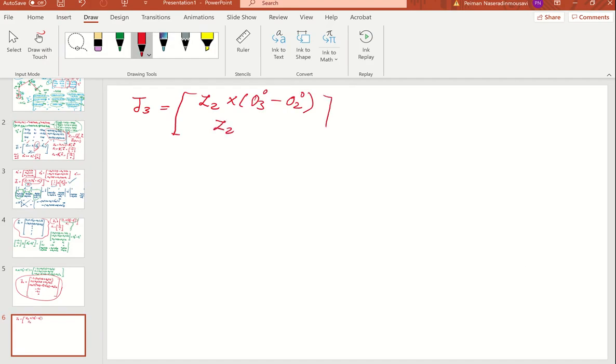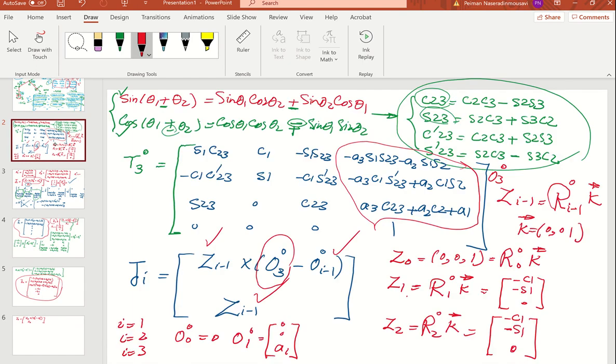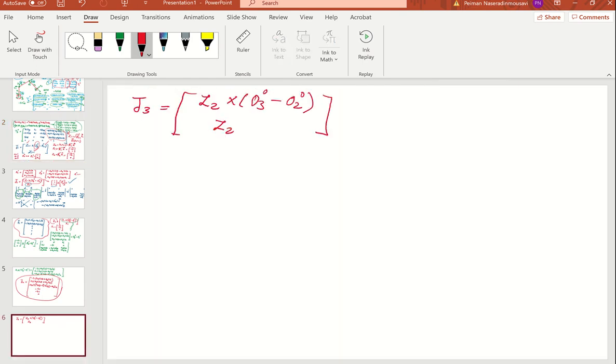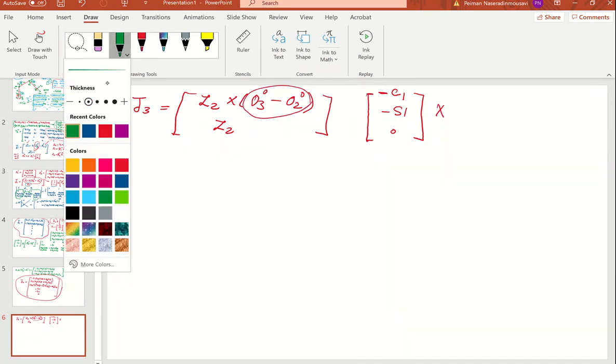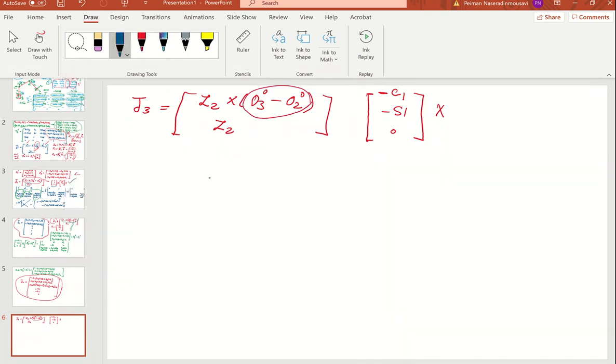And we found in this page that Z2 for this specific problem, guys, is again the same. So Z2 is that, minus cosine 1, minus sine 1, and 0, cross product of, and this is very easy, guys.